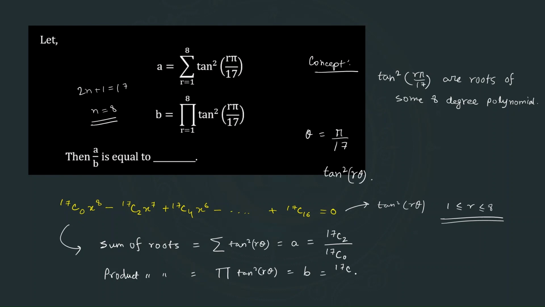So 17C16 we can write as 17C1, divided by 17C0. So now we can find the ratio a by b. A by b will be 17C2 divided by 17C1. So 17C2 we can write as 17 into 16 by 2, and this will be 17.